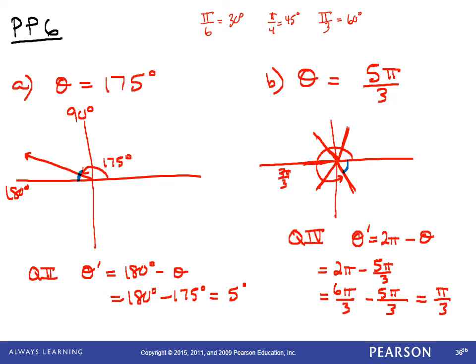Yes, perfect. So getting a common denominator, putting in the angle first, 5 pi over 3. Common denominator would be 3, so 2 pi now becomes 6 pi over 3. Subtract 5 pi over 3, and the final answer is just pi over 3. Okay, those are reference angles. Again, we'll make our life a little easier as we go.